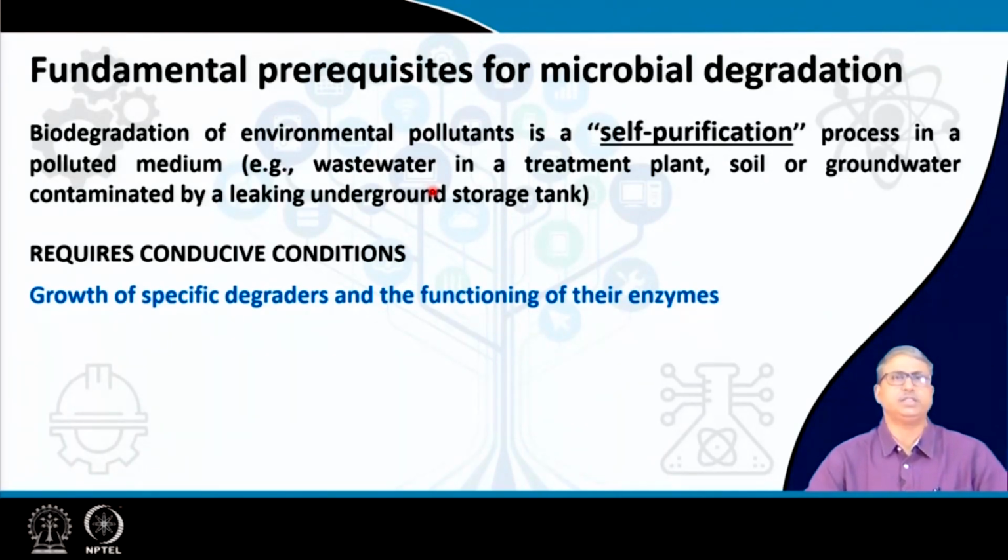They will be naturally growing in those environments, and these could be the wastewater treatment plant, contaminated soil or groundwater contaminated with different kinds of organic pollutants like a leaking underground storage tank, which has been a very common phenomenon for many of the sites which have been successfully bioremediated.